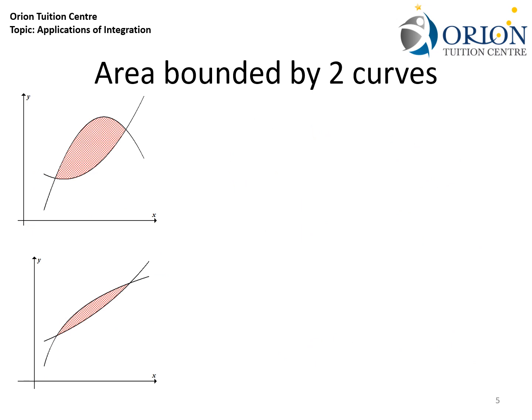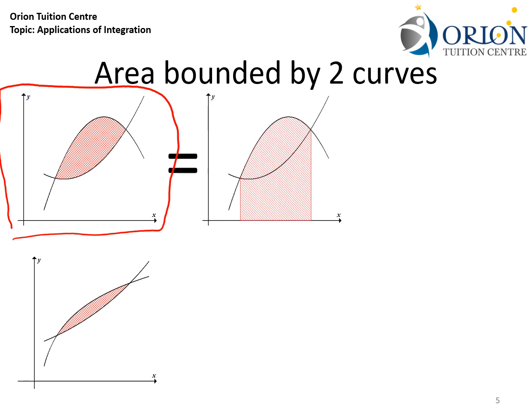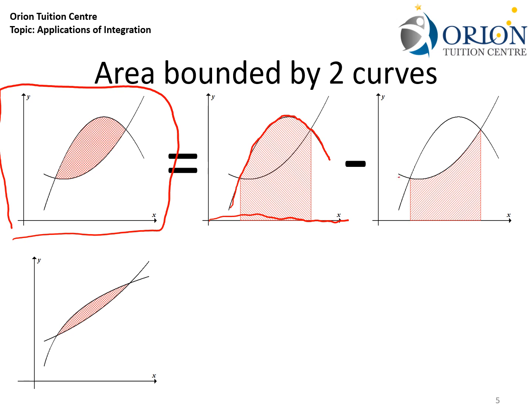Sometimes the region of interest is bounded by two curves. This does not complicate matters much, as we can simply think of the region of interest as a subtraction between the individual areas formed with the curves and the axis. For example, in the top graph over here, we can find the area of this region very easily by finding first the area formed by the top curve with the x-axis, and subtracting the area formed by the bottom curve and the x-axis.